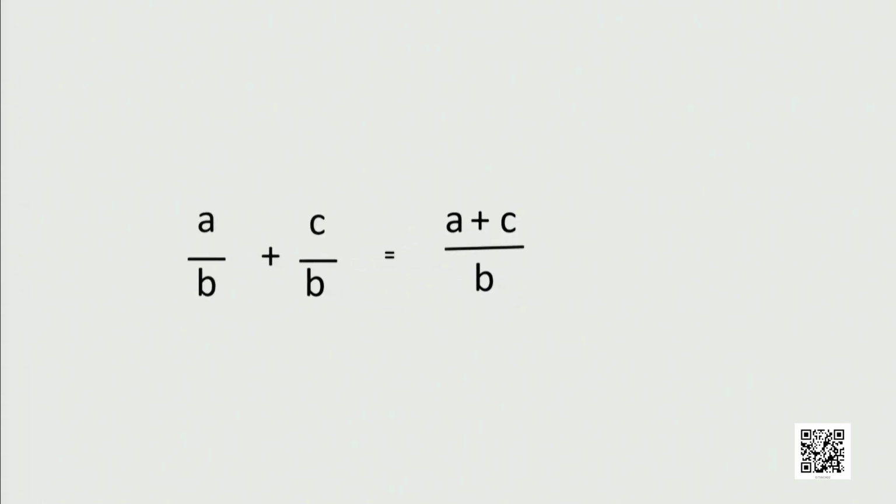If you have like fractions, you just have to add the numerators and take the denominator as it is. So a over b plus c over b gives a plus c as the numerator and b as the denominator. So let us see how to convert unlike fractions to like fractions.